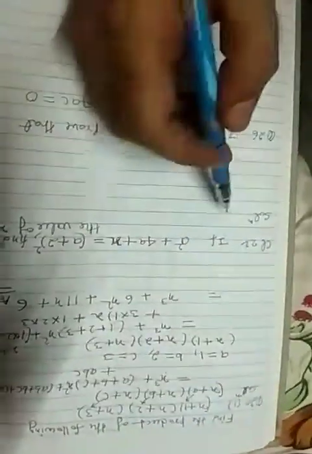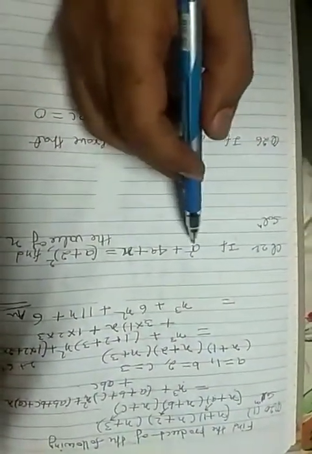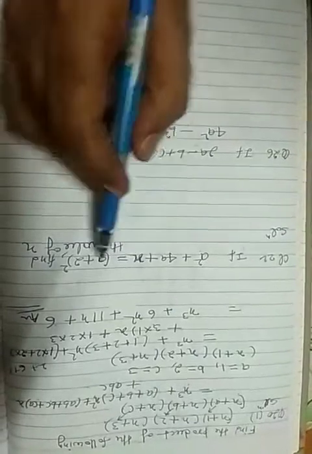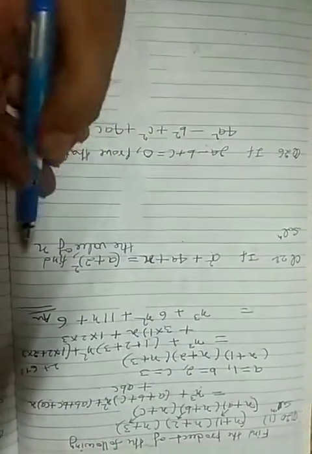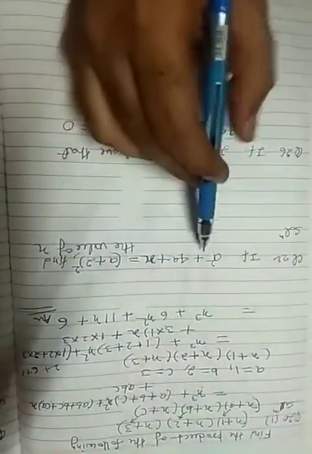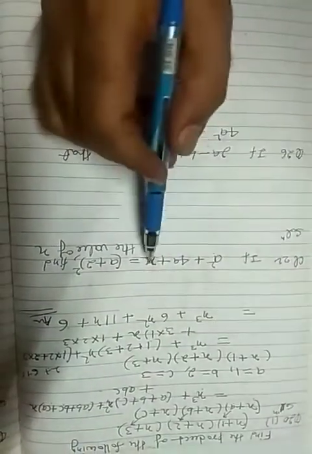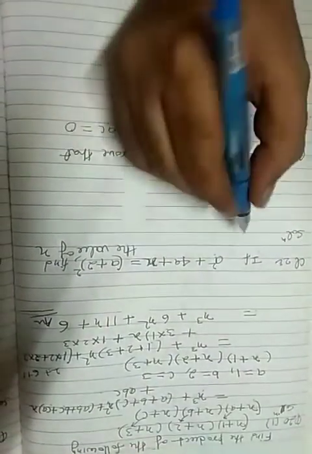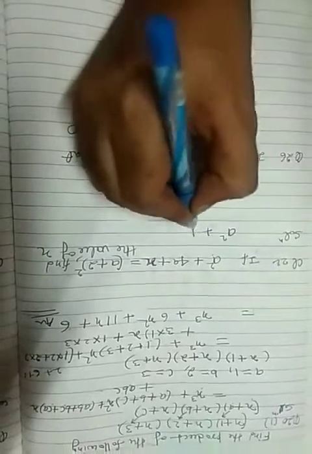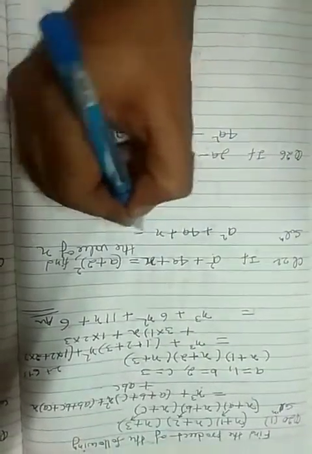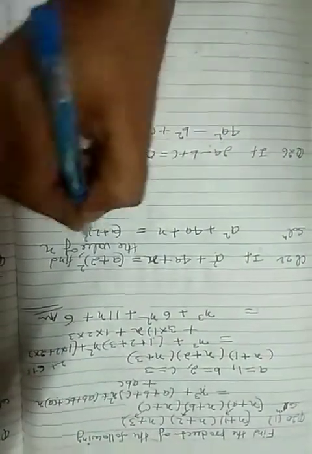Okay, next see question number 22. If a square plus 4a plus x equals (a plus 2) whole square, then find the value of x. This question is very simple. Find out the value of x. Simply you write the question: a square plus 4a plus x equals (a plus 2) whole square.